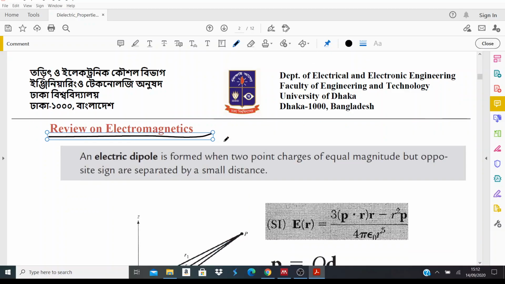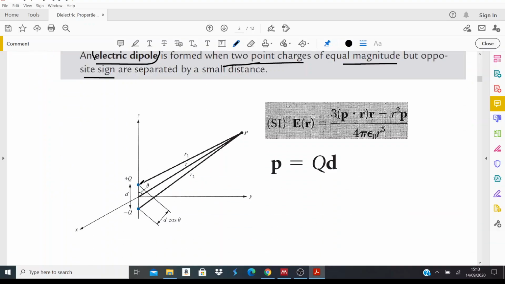The first thing that we want to discuss is the electric dipole, the concept of an electric dipole. Dipole means we have two poles, so plus and minus. So an electric dipole is formed by 2 point charges, right? So we have 2 point charges equal in magnitude but opposite in sign, right? That's the important thing. So that's a dipole where we have some plus q charge here separated by some distance d from a minus q.